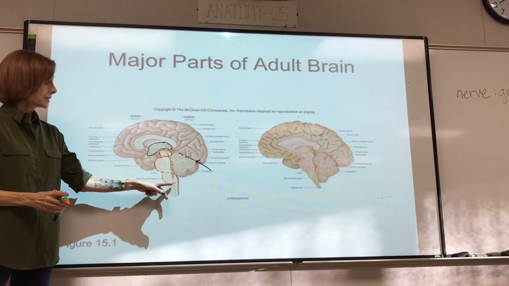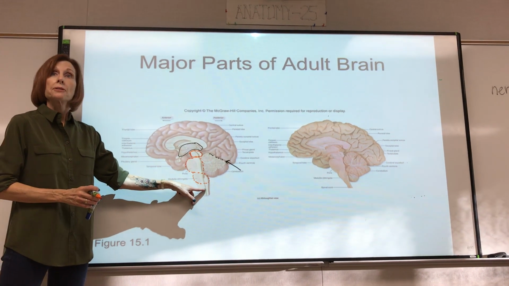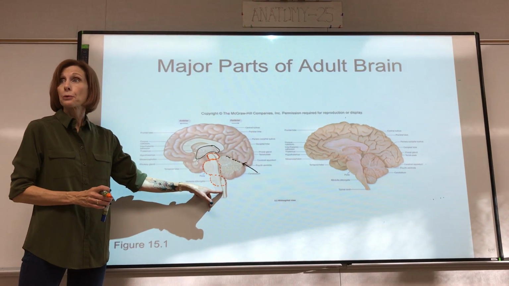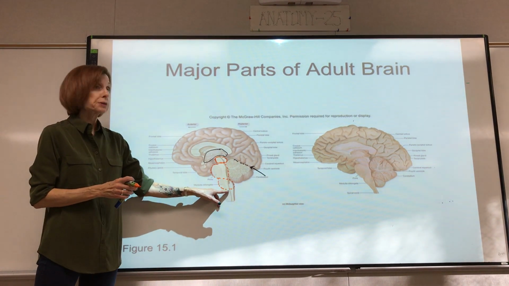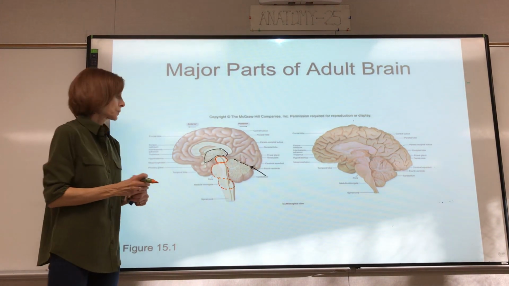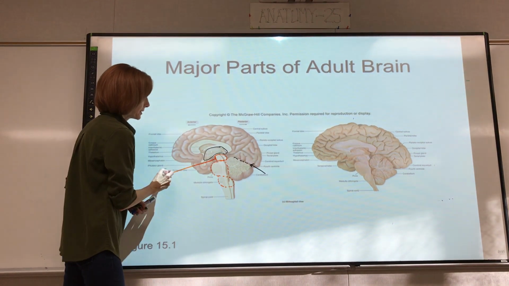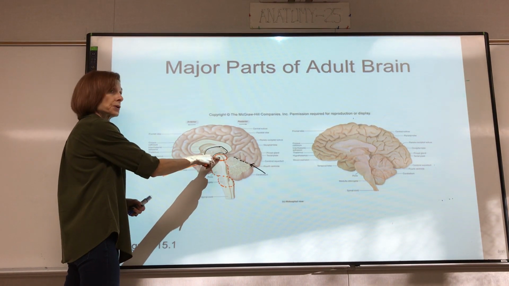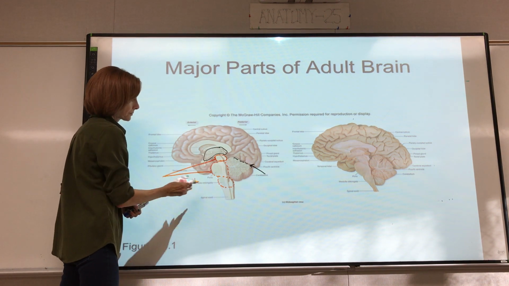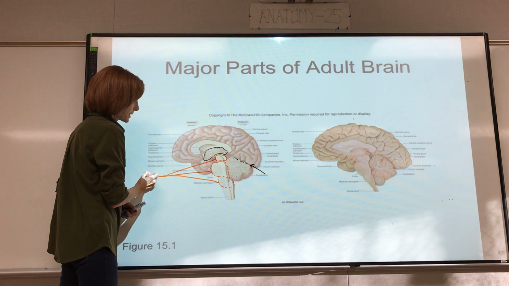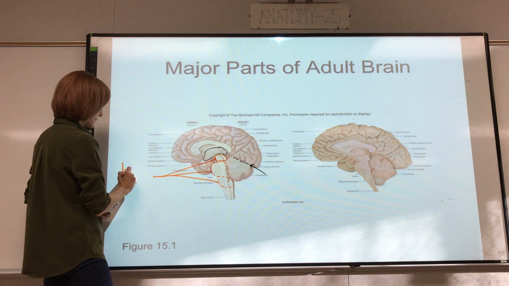You can see the medulla is continuous with the spinal cord. The boundary between them is the foramen magnum. You remember the foramen magnum. When this travels through the foramen magnum, it becomes the spinal cord. These three areas, the midbrain, which is also called the mesencephalon, the pons, and the medulla, together make up the brain stem.